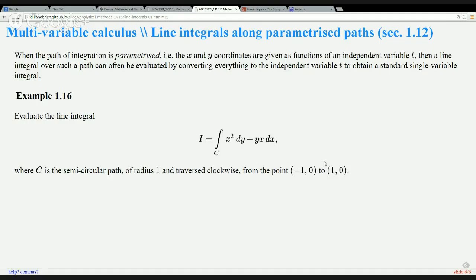Remember, a function of two variables gives you some kind of a surface. So you've got some kind of a surface there.